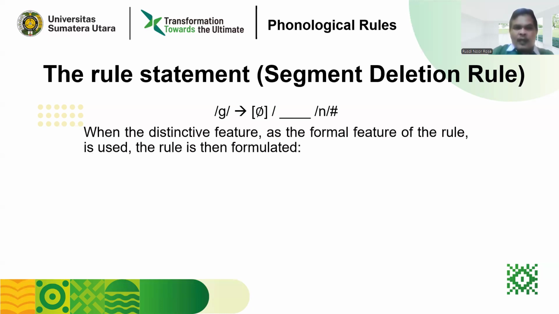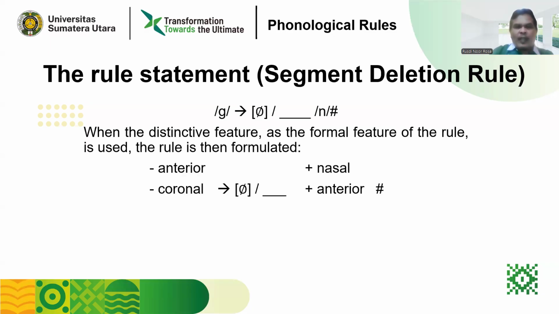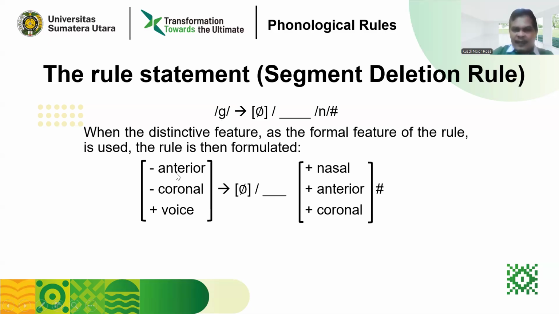So we have to use distinctive features in order to formulate the statement. Now, as you can see here, G is negative anterior, negative coronal, and positive voice. Why do I write this?